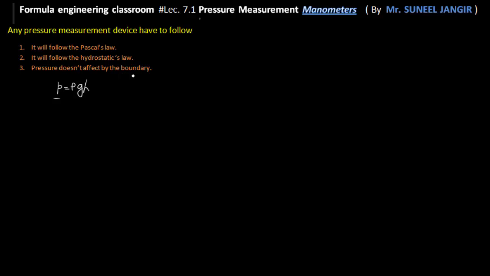That's why I'm using the word boundary. In this formula the only term is the height and there is no effect of the area. So if any device follows these three things, then we can use the device for pressure measurement. In the pressure measurement category, our first device is termed the piezometer.